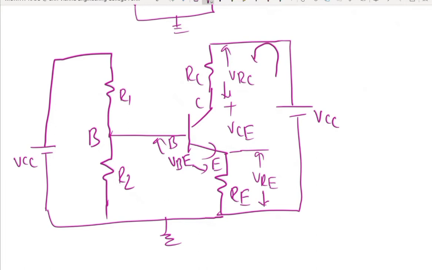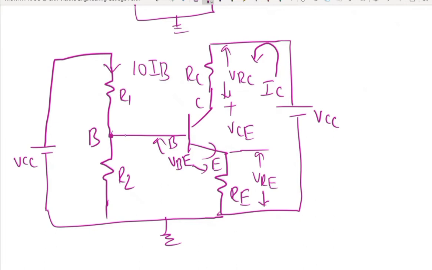The current coming from VCC is IC. From VCC, the base is connected through R1. Let the current flowing through R1 be 10 IB.